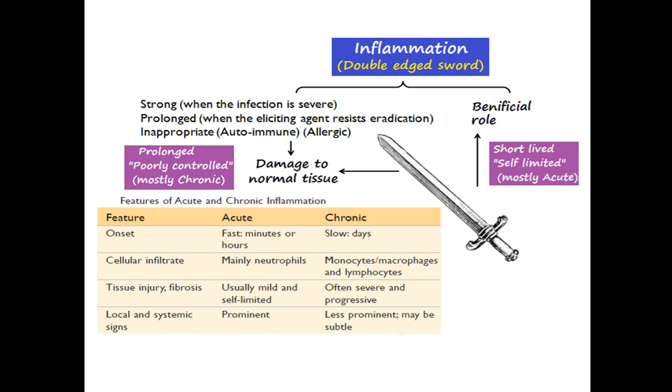But in conditions when the invading agent is strong, for example, when there is heavy infection or infection with highly pathogenic organisms. Secondly, if the inflammatory process is prolonged, and that occurs when the invading agent resists the inflammatory process and cannot be easily eradicated.